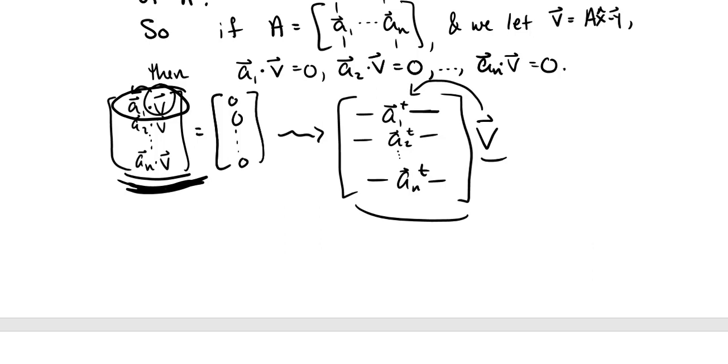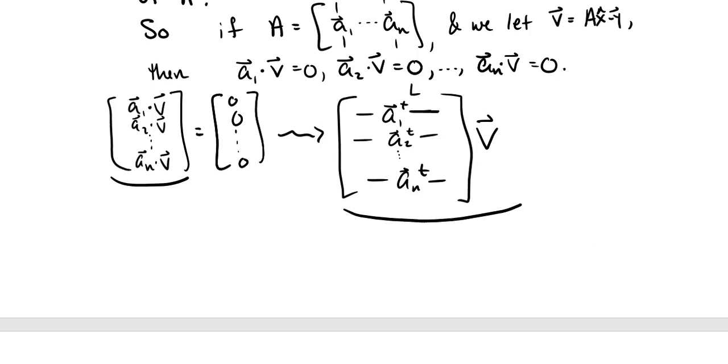We've got this left-hand side that can be expressed as this matrix multiplication, this strange matrix I've got times vector V, and the right-hand side is just the zero vector with n rows.